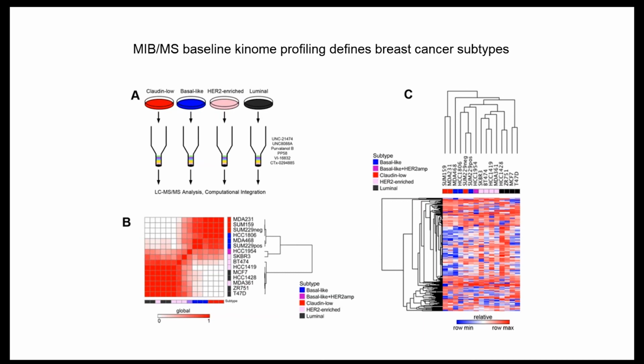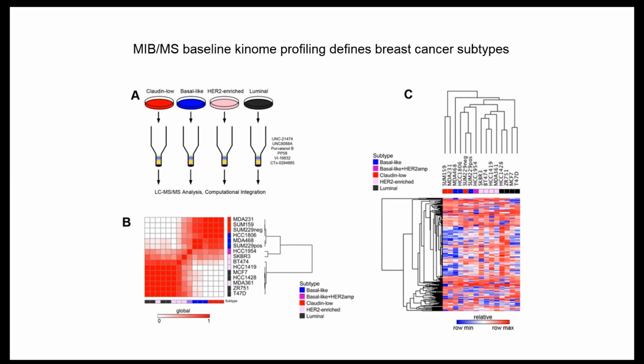And HCC 1954s are actually a basal-like HER2 positive. So the vast majority of HER2 positive breast cancers are luminal, but there's a subset of basals that actually amplify HER2. And SKBR3s, even though they're considered luminal by RNA-seq, have properties of basal as well.